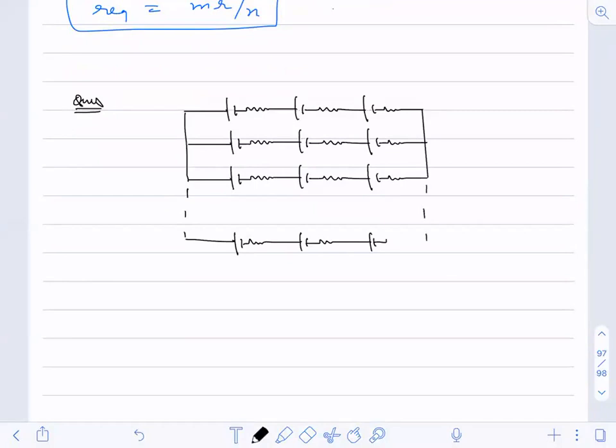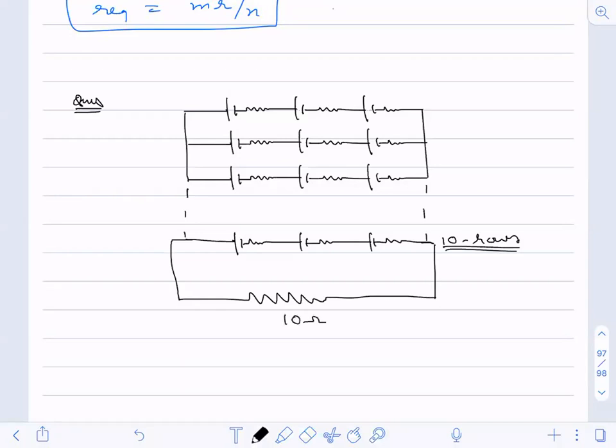So total there are 10 rows. Now there is an addition to the circuit from here. What addition? You are having an extra resistance of 10 ohm.